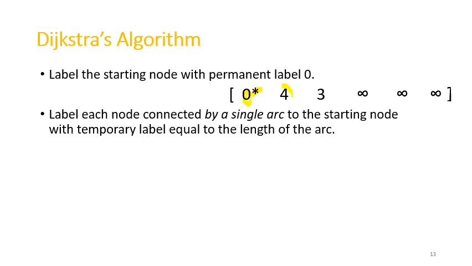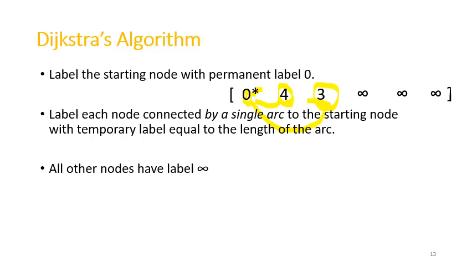So this is what we did for node 2 and node 3 because they are connected to the starting node with a single arc. Or what I said was they are directly reachable from node 1. So we put the distance 4 and 3 from our starting node, node 1.